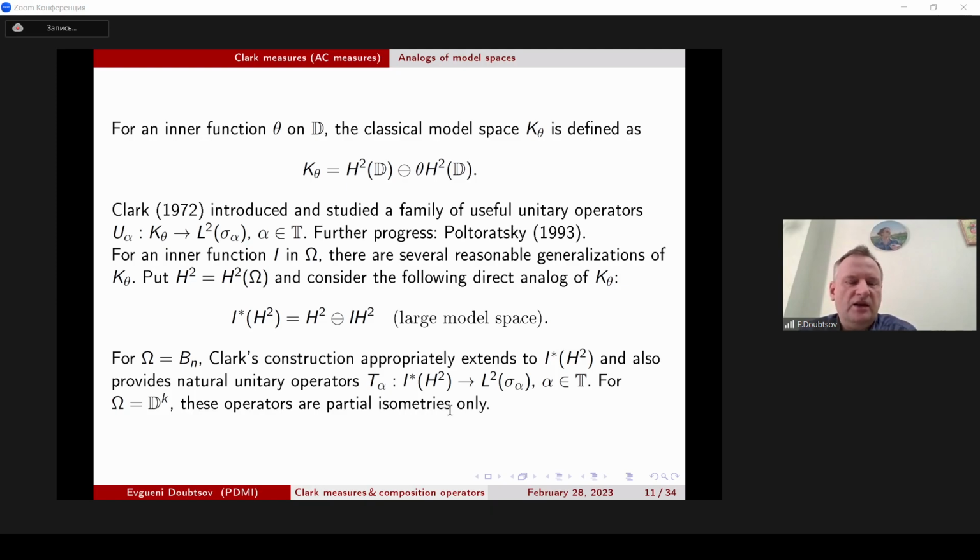But in a sense, they are canonical. So these are operators, unitary operators from K theta onto L2 of sigma alpha.